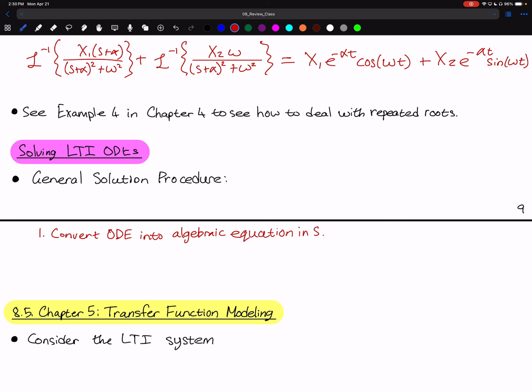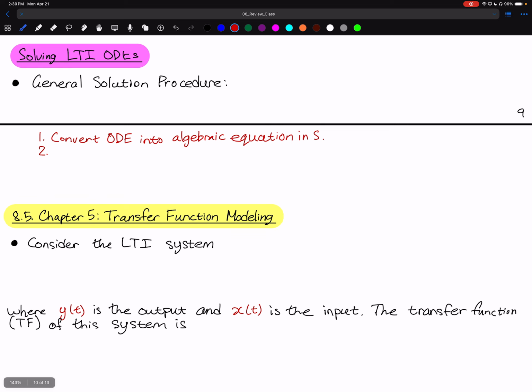From here, we're going to solve for the dependent variable. From there, we're going to want to expand using partial fractions.